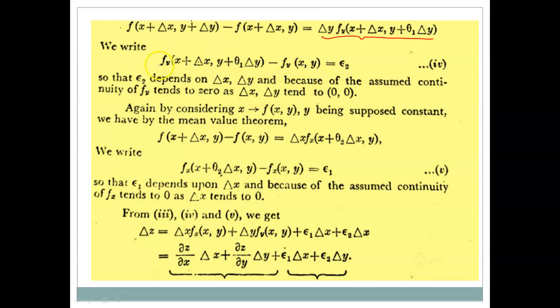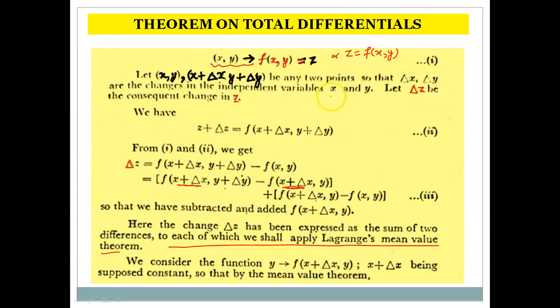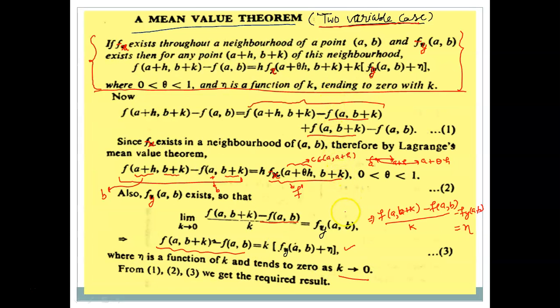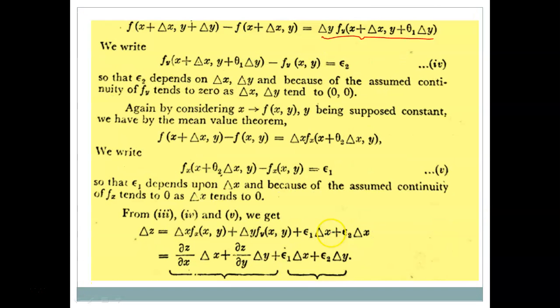Here we are applying the same logic as in the case of Lagrange's mean value theorem, where we wrote the equation in this form. Exactly according to the same logic, in place of eta we write epsilon 2, and it will tend to 0 when delta y tends to 0.